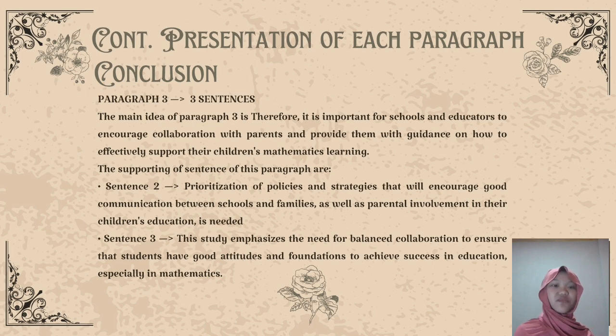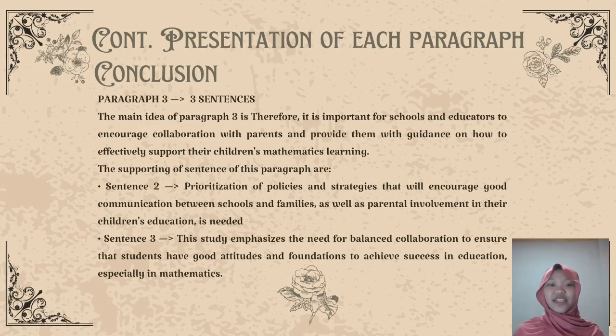Next is paragraph 3. In paragraph 3 of the conclusion, I have 3 sentences. The main idea of paragraph 3 is: therefore, it is important for schools and educators to encourage collaboration with parents and provide them with guidance on how to effectively support their children's mathematics learning.